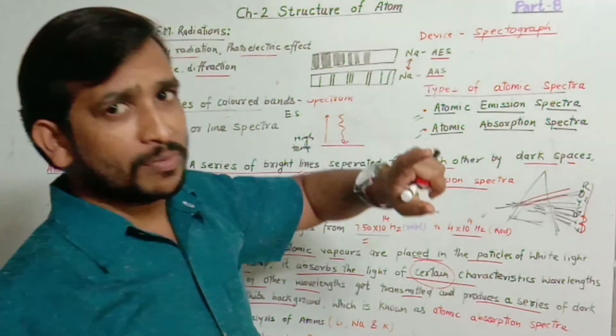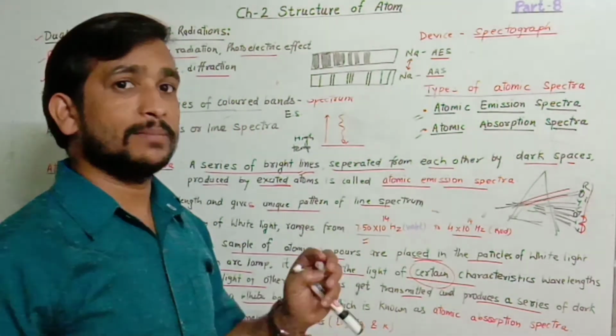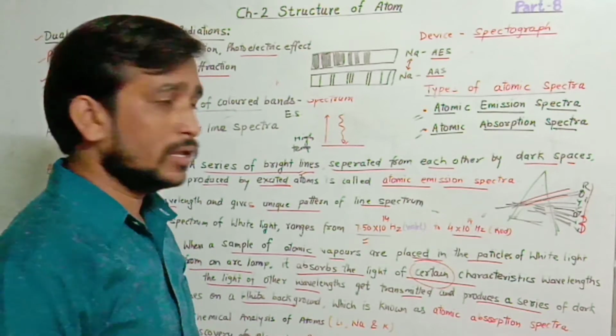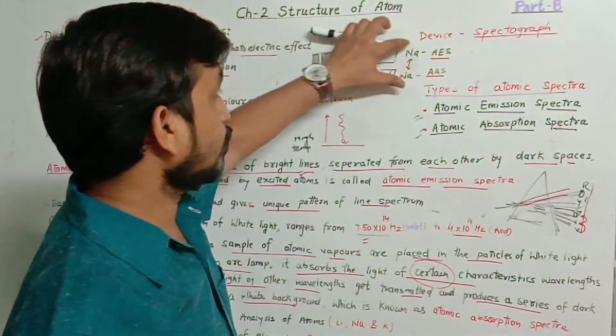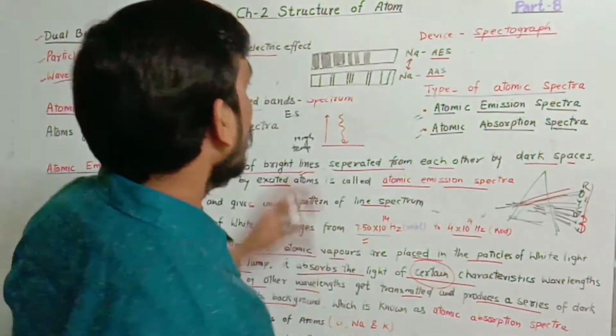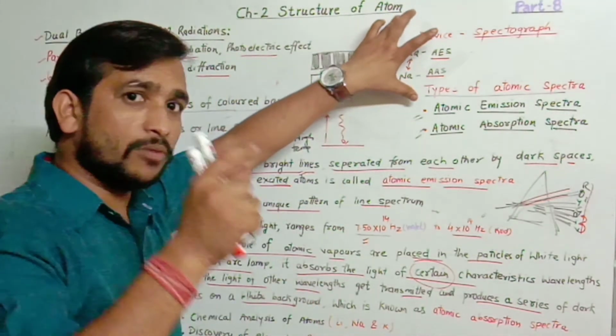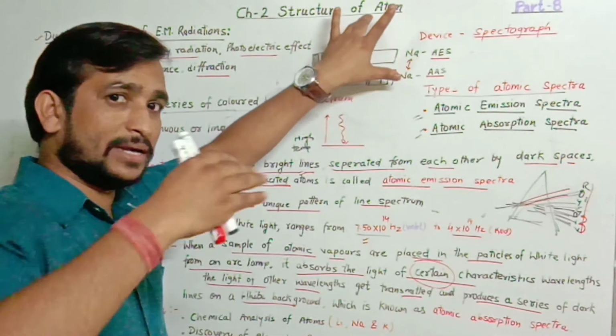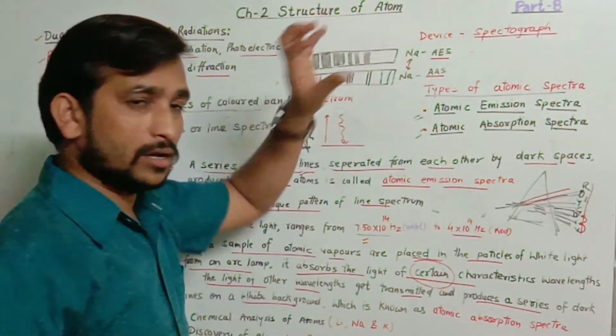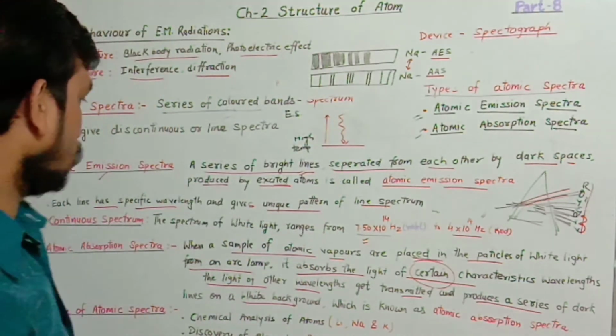In both cases, the lines form at the same interval if we're talking about the same atom. For each atom it forms a characteristic type of spectra, and this is the great advantage of this spectra.